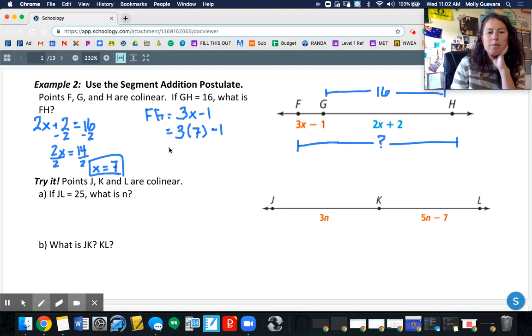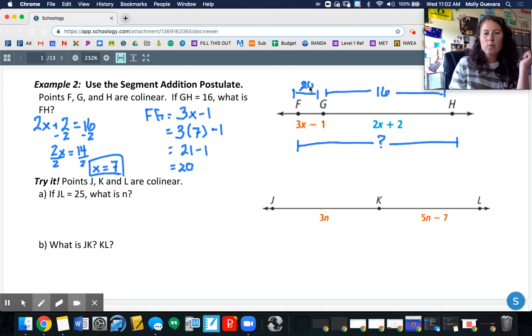Okay, so 3 times 7 is 21 minus 1, which is 20. So that tells me that this distance right here, from F to G, is 20.